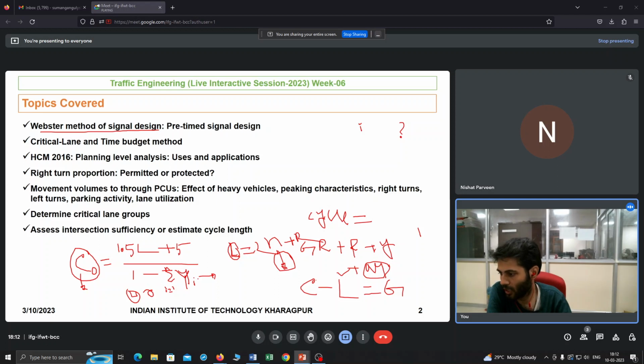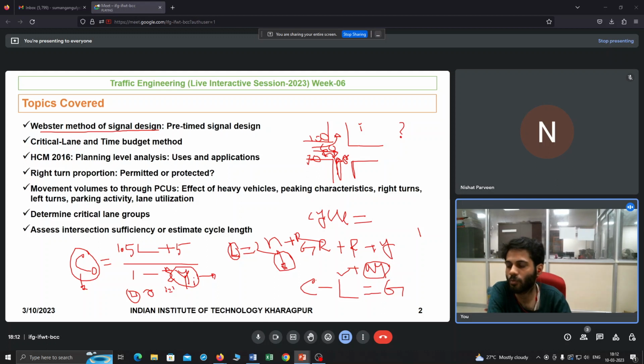Now how to calculate this y? Suppose you have this four-legged signal. Now this volume is suppose 60 and your left volume is 100, right? So you have two legs, and now this volume is suppose 80 and your left volume is suppose 70.